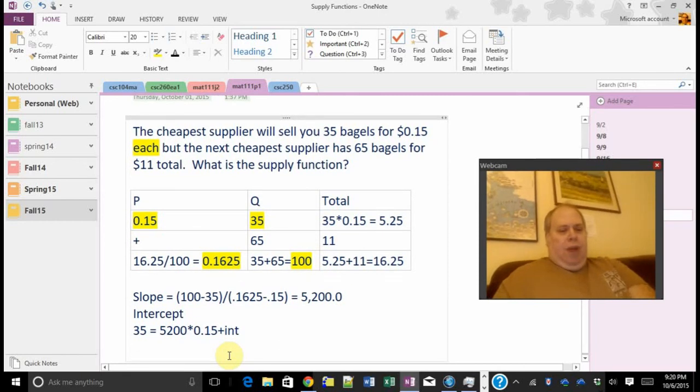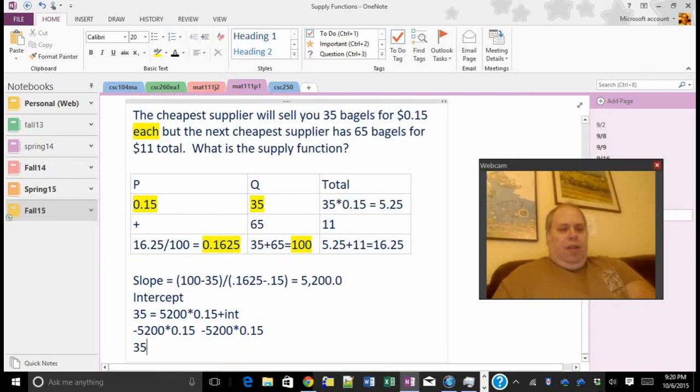So I'll subtract from both sides 5,200 times 0.15. Forgive me for not knowing that off the top of my head. I don't need to know that. All I need to do is do 35 minus 5,200 times 0.15, which equals negative 745, the intercept.